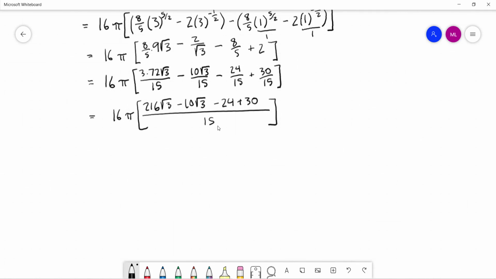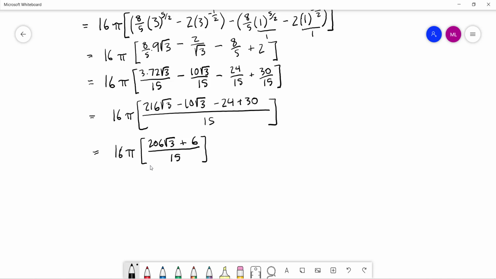And so I will get 16 pi times 206 root 3 plus 6 (minus 24 plus 30 is plus 6) over 15. Is that right? Did I get all the signs correct, maybe? Hopefully. I think so. So that's, I think, what I get, unless I made some dumb mistake somewhere and miscalculated things, but I don't see it.